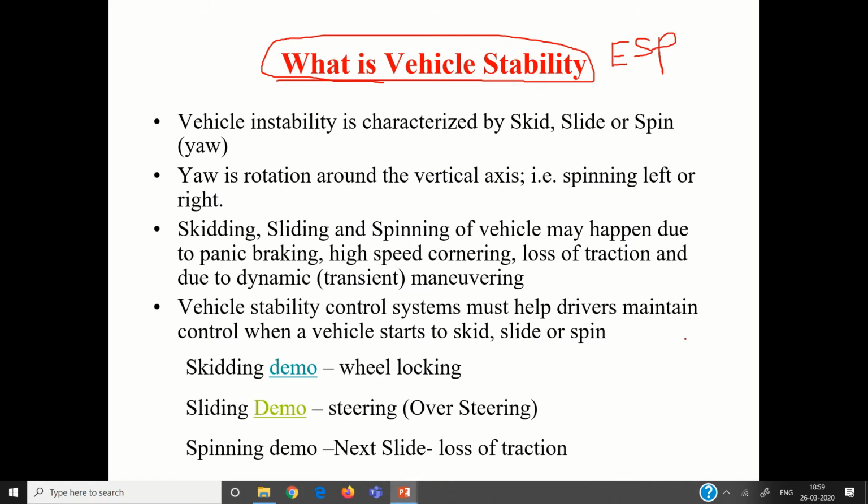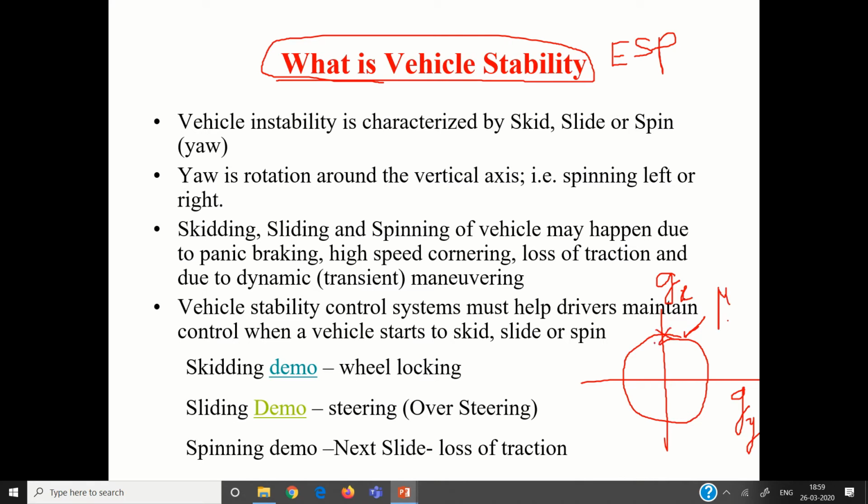We have studied the mu circle earlier. I drew a circle like this. This I called linear acceleration, this I called lateral acceleration. I called this the GG diagram, or this circle the mu circle.